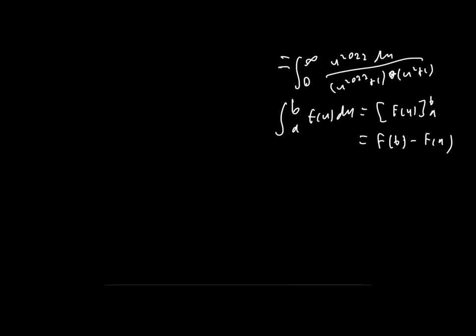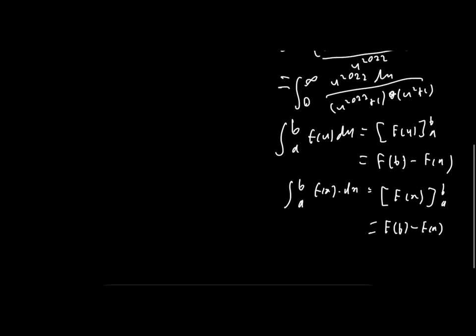So if you just consider changing the u to an x, what you're going to find is that you actually get the same answer. For a definite integral, you can just change the u to the x, and the actual answer will remain the same.